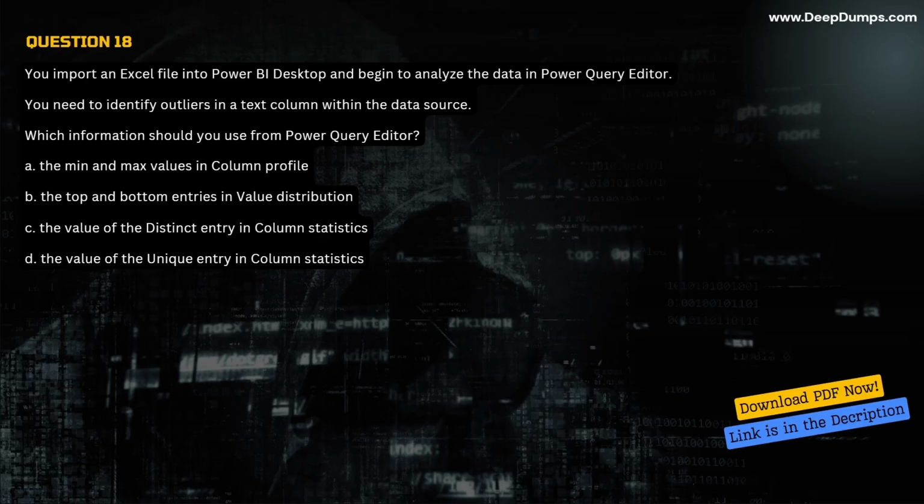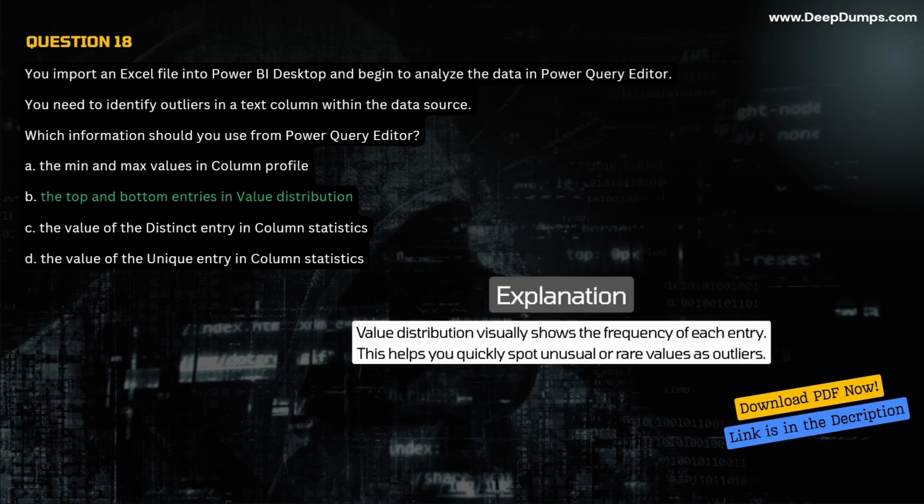C. The value of the distinct entry in column statistics. D. The value of the unique entry in column statistics. Correct answer is B. Explanation. Value distribution visually shows the frequency of each entry. This helps you quickly spot unusual or rare values as outliers.